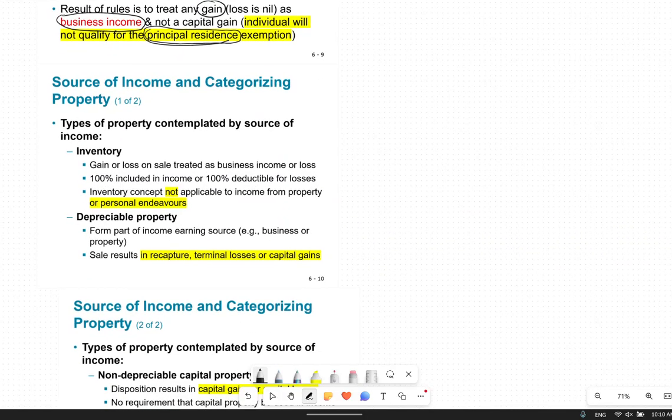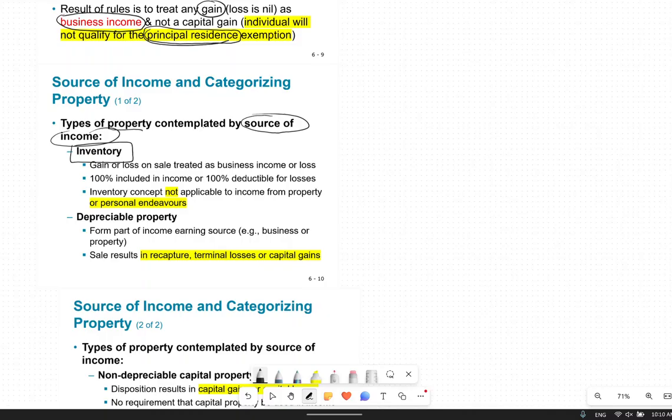Now, what happens is source of income and categorization of a property. The type of property is contemplated by the source of income. So you have a property and we want to know what the source of income will be. If you're buying the house to sell, you're flipping the house, it will be part of your inventory.